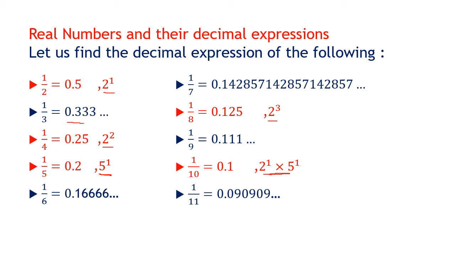Any number in the denominator, if it is expressed in the power of 2 or in the power of 5 or in the combination of the power of 2 and the power of 5, then it leads to a terminating decimal. And if the denominator has got something other than the power of 2 and 5, then it leads to a non-terminating decimal.